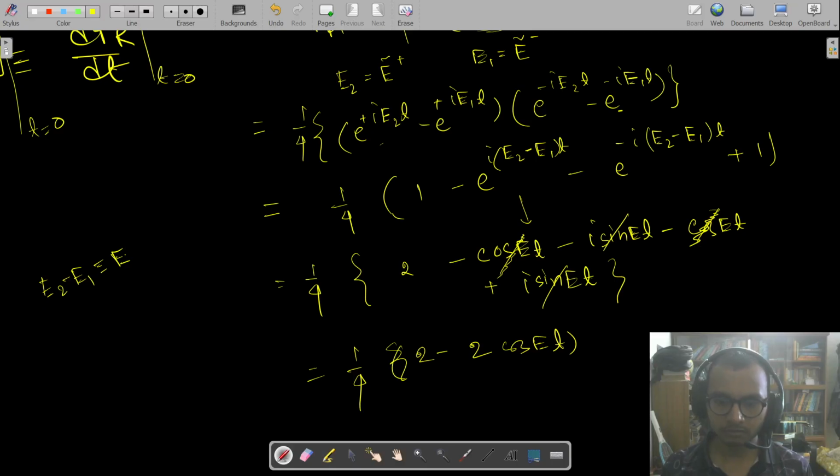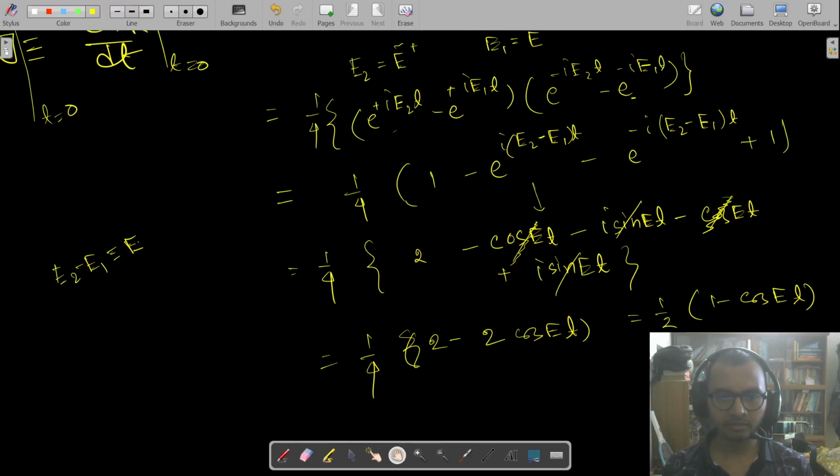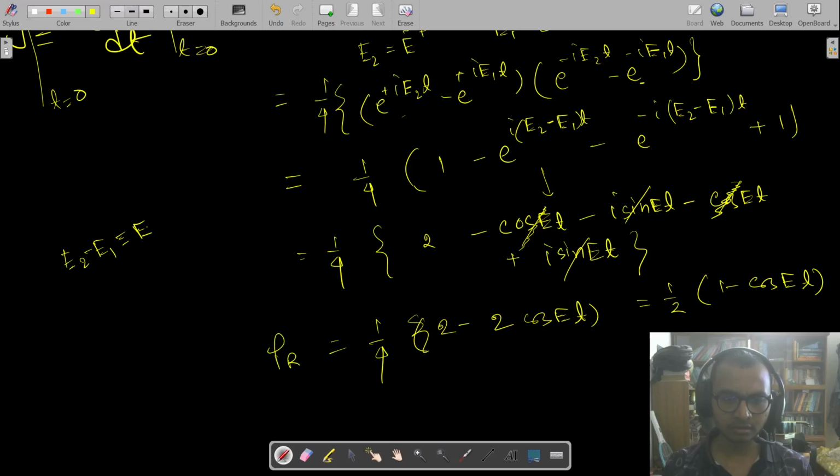So you have this, which ultimately gives you 1 minus cosine of Et. I could have simplified it a bit using a trigonometric identity, but I won't bother. So P_R is given by this expression, and notice this is always a positive number, right? Cosine of theta cannot be greater than 1, so that's that.